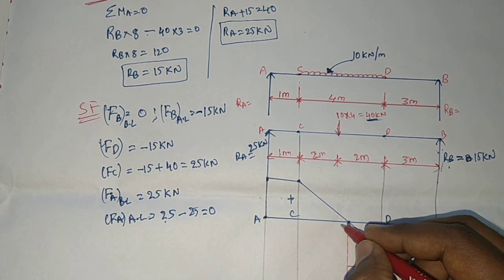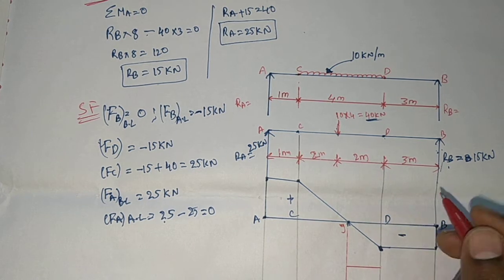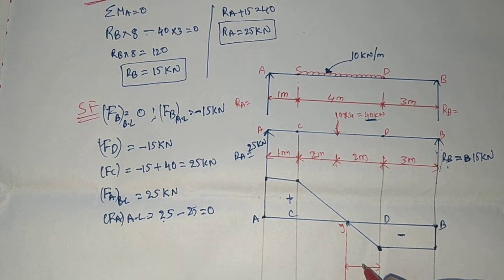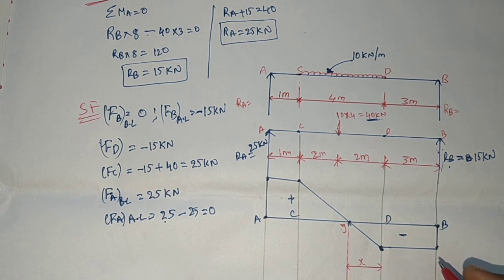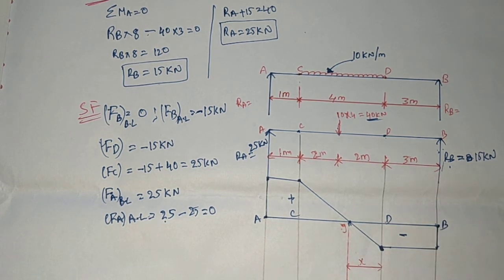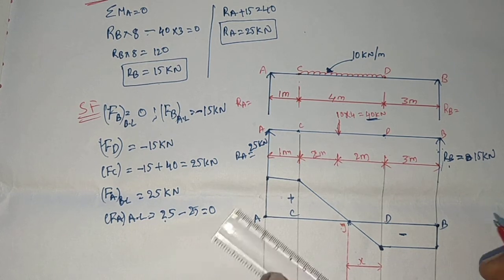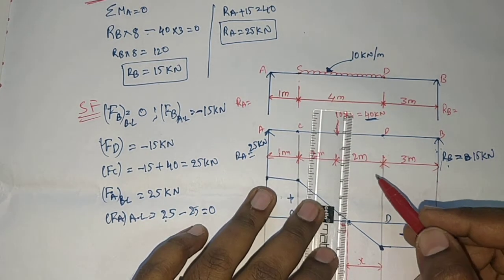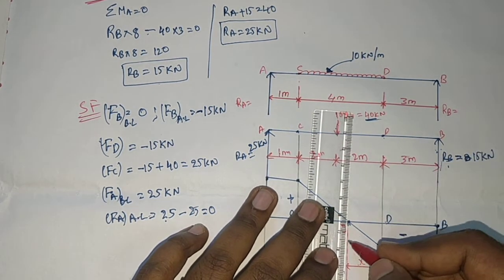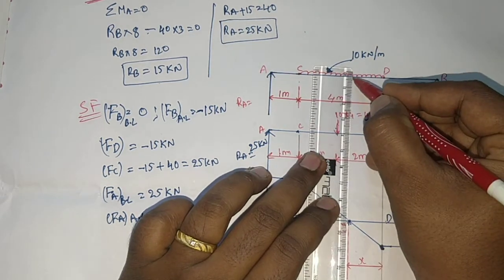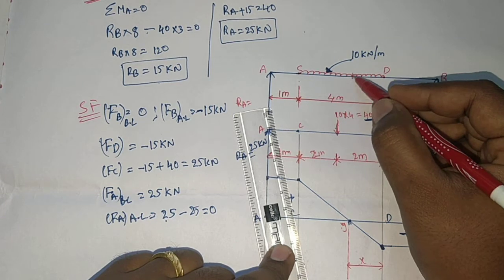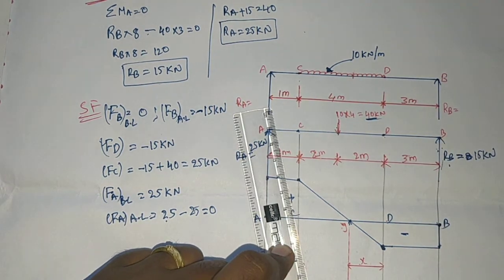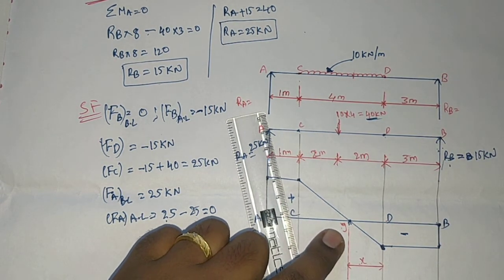Suppose bending moment at point Y, I am taking the distance from D to Y as X, or any point we can take. Approximately it will be at this point. Okay, the maximum bending moment point is at point Y.